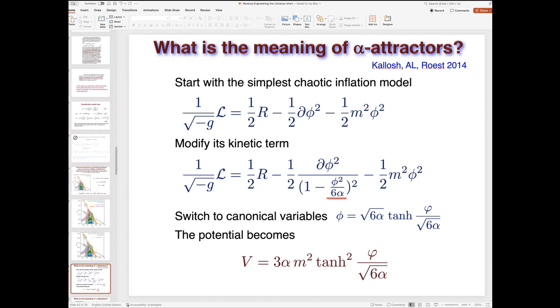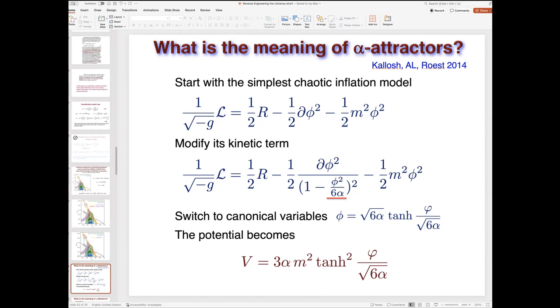So I looked at this construction and found that you can easily write a theory where you add this conformal field in such a way that after you eliminate it, you find a cosmological constant. That was already interesting. And then what do you do in order to get a potential?